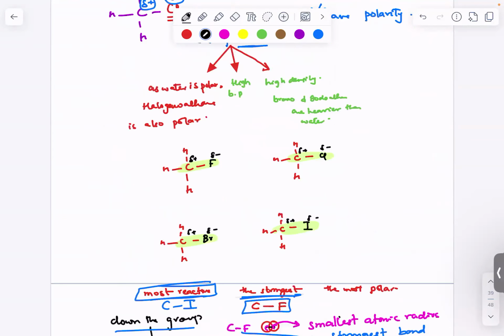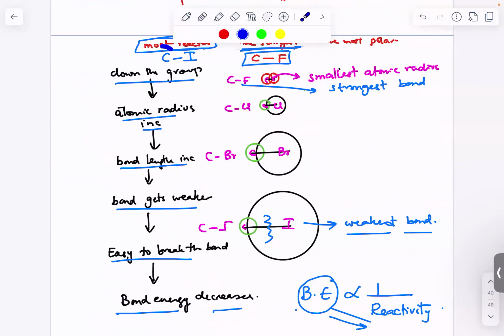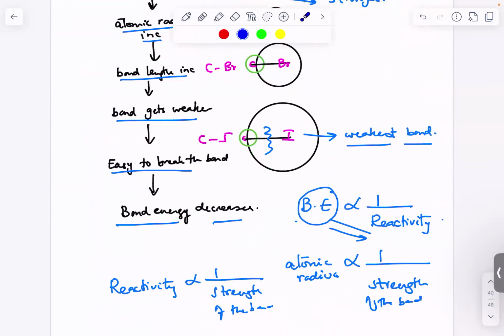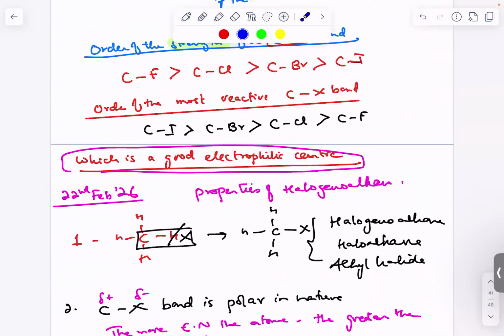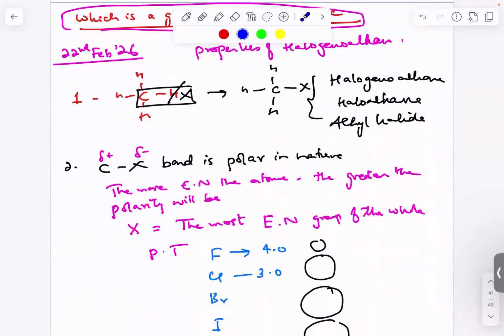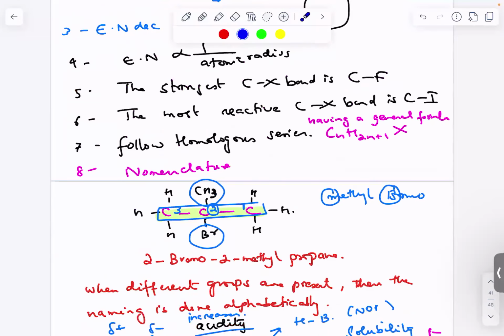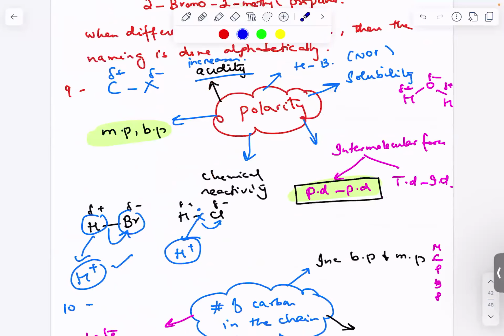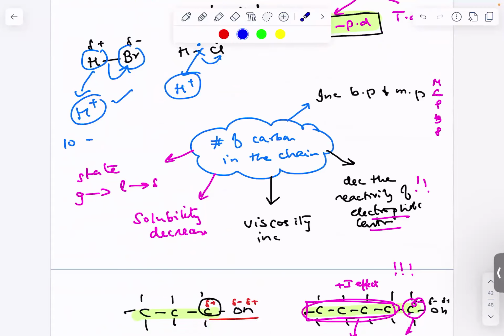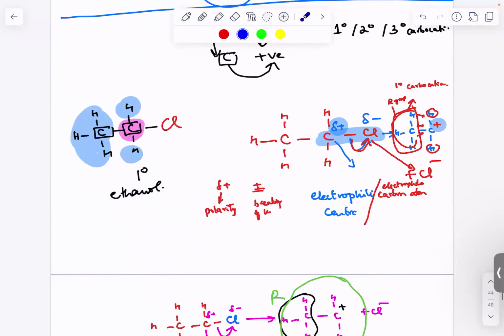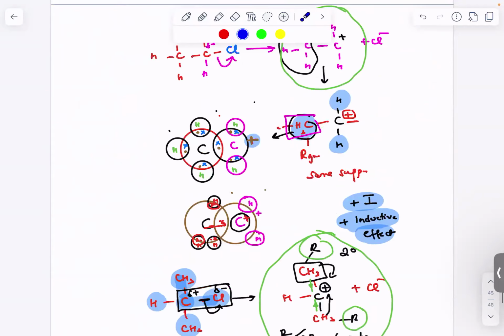Then we did this whole thing about down the group, atomic radius increases, bond length increases, and then order of the strength of the C-X bond, then which is a good electrophilic center, then nomenclature, then polarity, then number of carbon atoms in the chain, then carbocations: primary, secondary, and tertiary carbocations. That's about it.